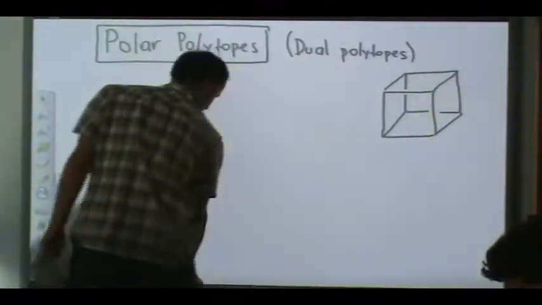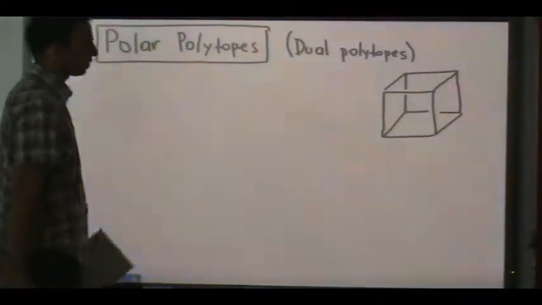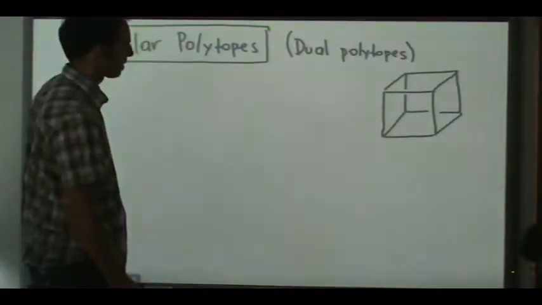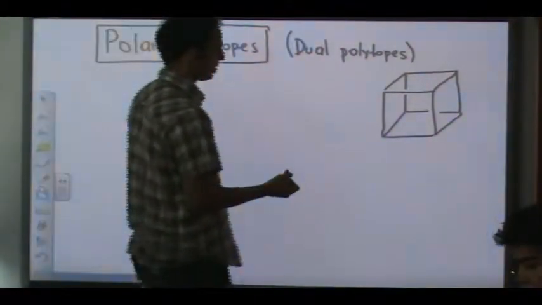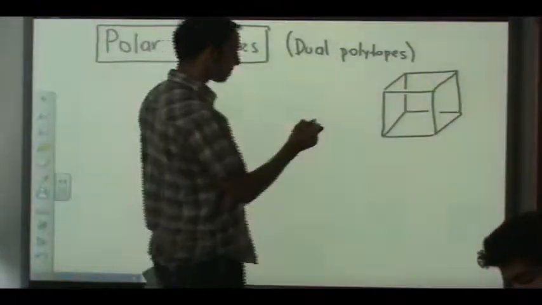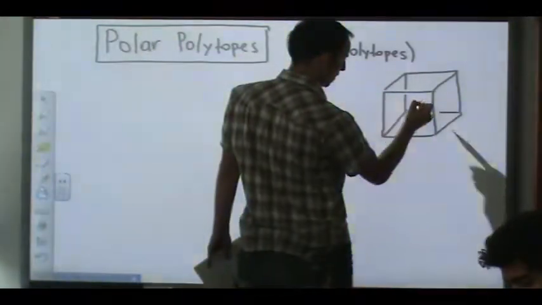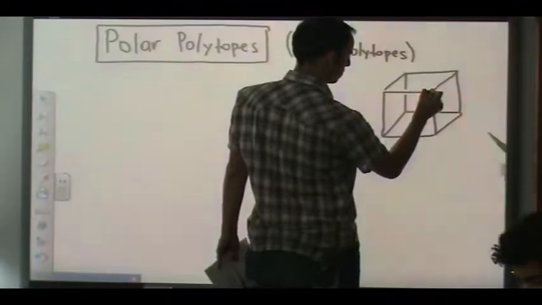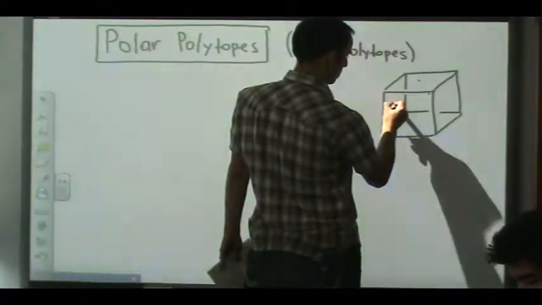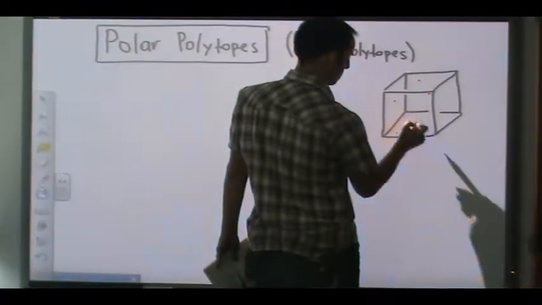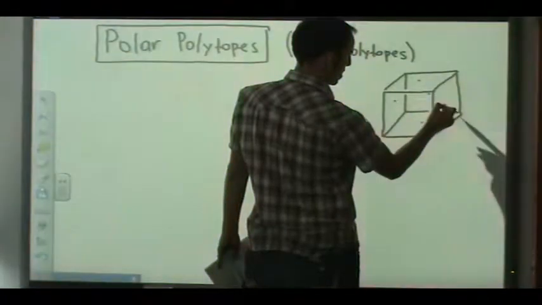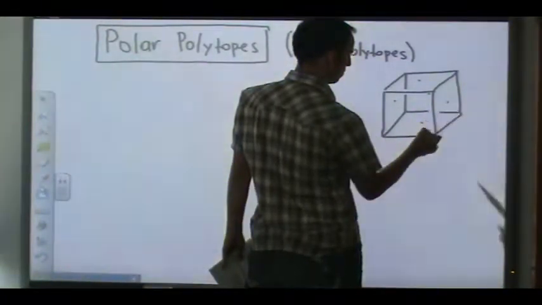Maybe we have the cube, and then the dual polytope to this is the octahedron. And maybe the easiest way to draw it is to put vertices at the center of each face of the cube.